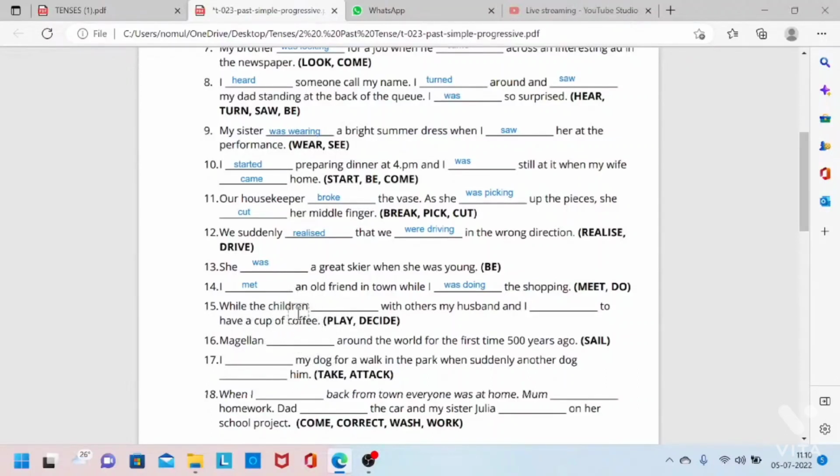So while the children were playing with others, my husband and I decided, okay, decide becomes decided to have a cup of coffee.